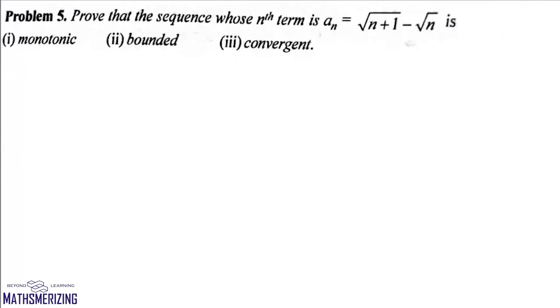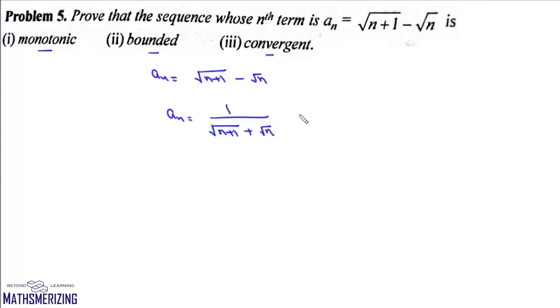Now here the question is, prove that the sequence whose nth term is an equals under root of (n plus 1) minus under root n is monotonic, bounded and convergent. Now we can write this an as 1 upon (under root of n plus 1 plus under root n).